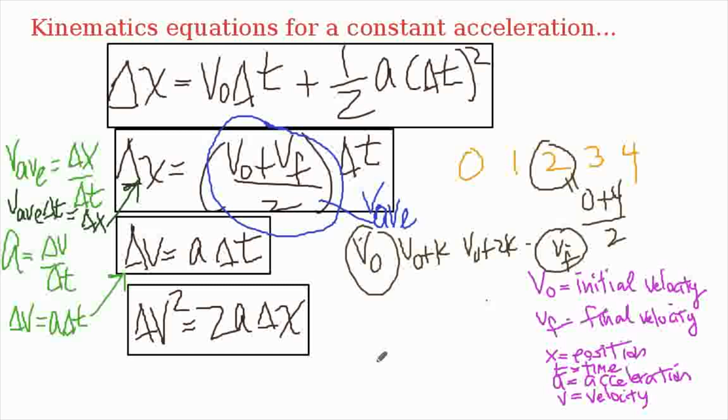And you can derive the last one by eliminating delta t from the third one and the second one. I'll leave those as an exercise. Now, the derivations of these formulas are not that important, and if you had calculus, they would be a lot easier. Because this is not a calculus class, we don't emphasize the derivation. But you could go a long way towards seeing where these come from.